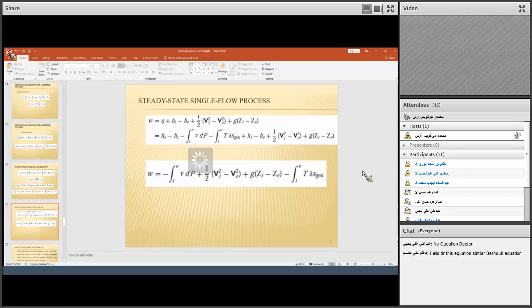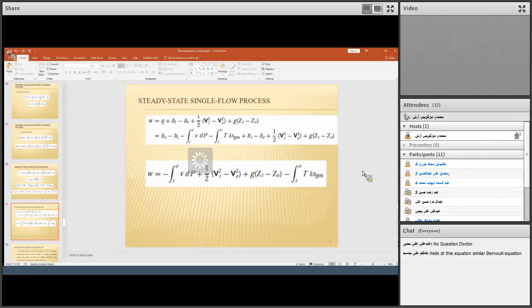So it converts to enthalpy at exit minus enthalpy at inlet minus the integral between state I and E of specific volume times differential pressure, minus the integral between state I and E of T times differential of entropy generation, plus enthalpy at I minus enthalpy at exit E plus variation in potential energy and variation in kinetic energy.